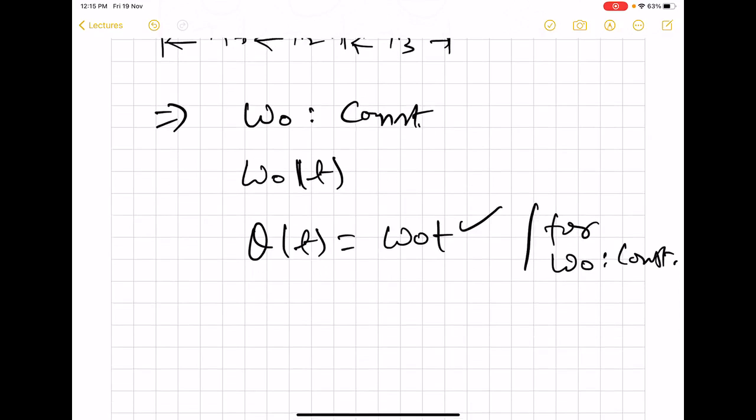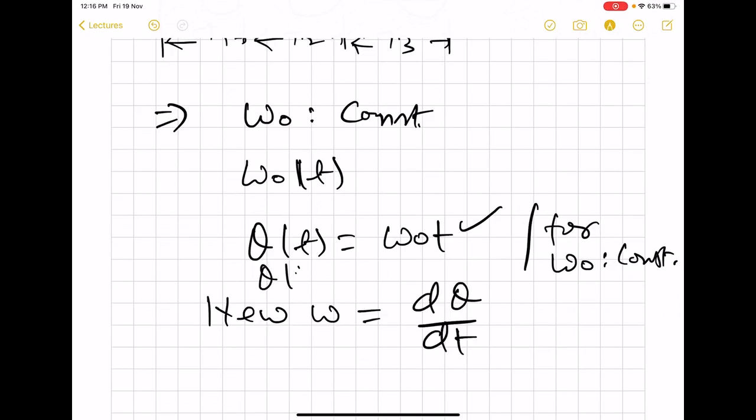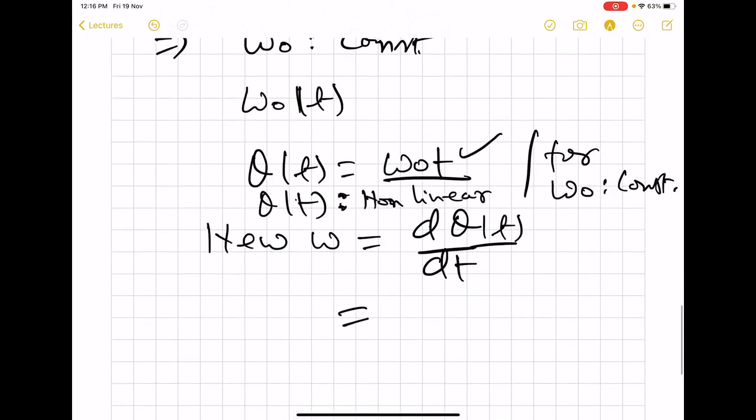Since now the new omega is not constant, when we find it out by differentiating this, the phase theta is also no longer going to be linear. Here we had a linear relation and this is going to be non-linear, and of course dependent upon t.